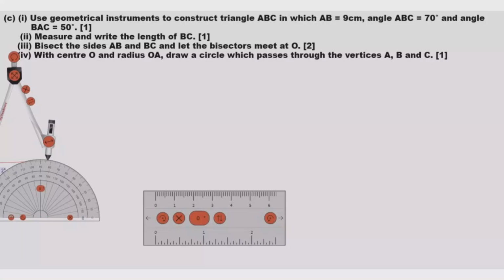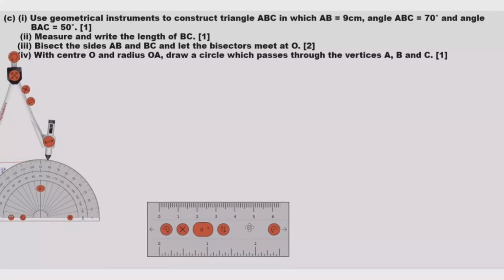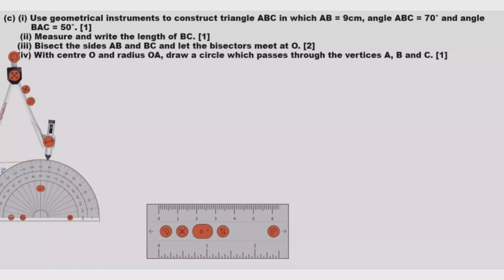So the question is, I want to construct a triangle that has 9 centimeters. With the limited space I have here, I'm going to reduce the size from 9 centimeters to 6 centimeters. So my triangle will be a bit small so that it can be accommodated on the screen.